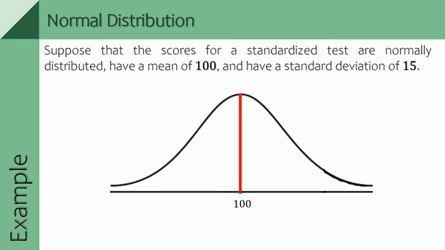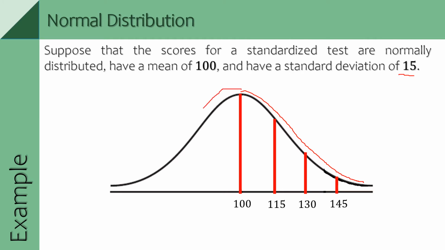So we add the standard deviation of 15: 100 plus 15 is 115, then 115 plus 15 is 130, and then 130 plus 15 is 145.